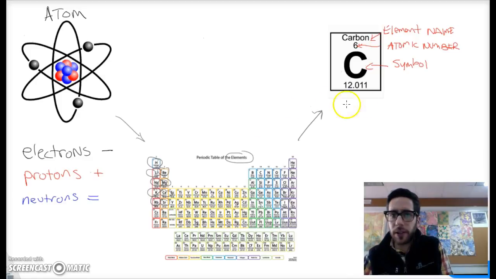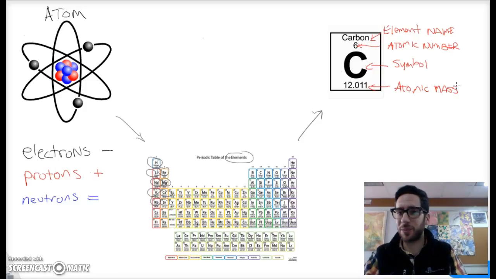The other thing you have here, which is normally a decimal number, is the atomic mass. Sometimes it's referenced as atomic weight. We know the difference between mass and weight, but for the purposes of chemistry, atomic mass or atomic weight will be synonymous or the same for this particular unit.